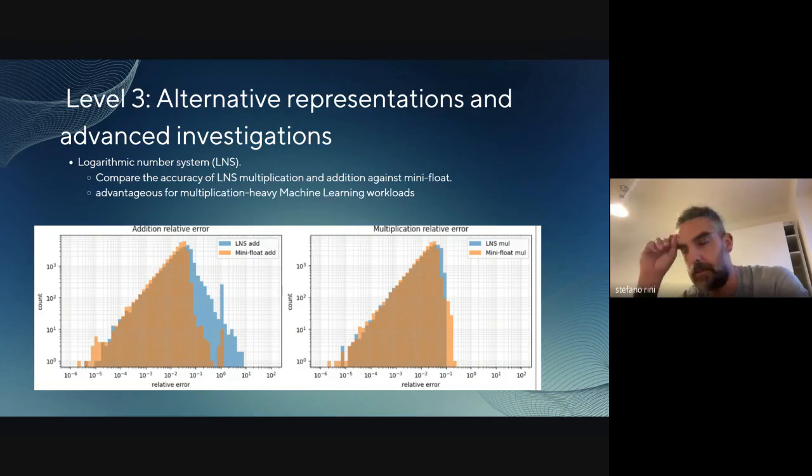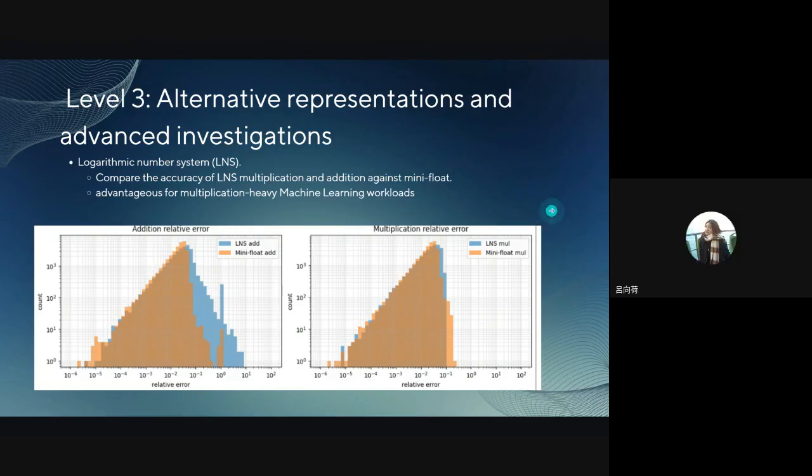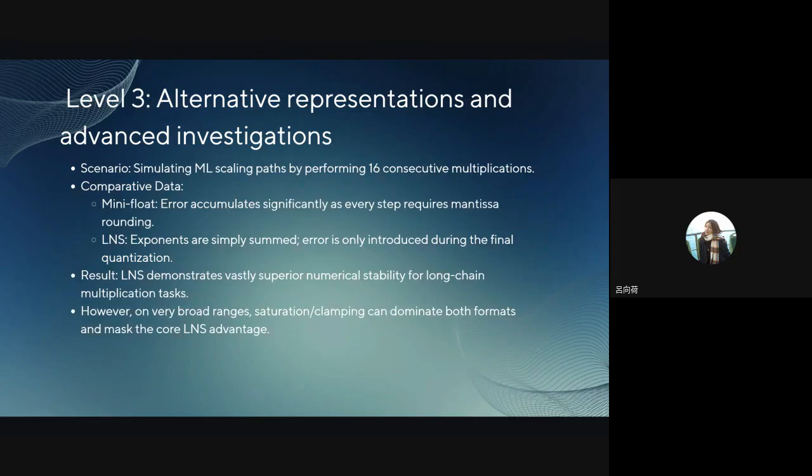Okay, go ahead. Next slide. Next, we are going to talk about the alternative representation and advanced investigation. The scenario is that we simulate a machine learning scaling path by performing 16 consecutive multiplications, and we compare minifloat and LNS. For minifloat, the error accumulates significantly as every step requires mantissa rounding.